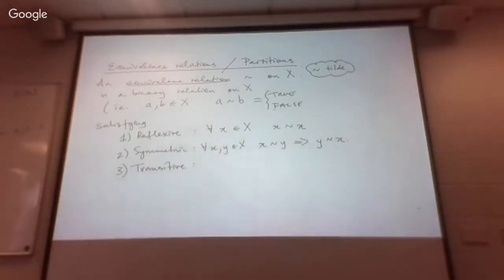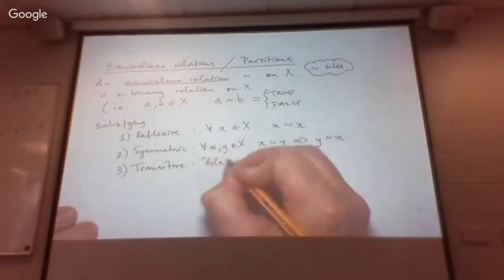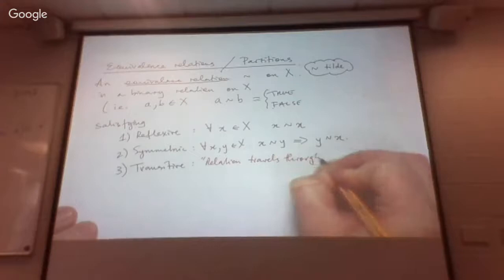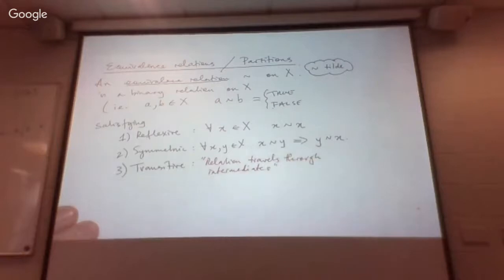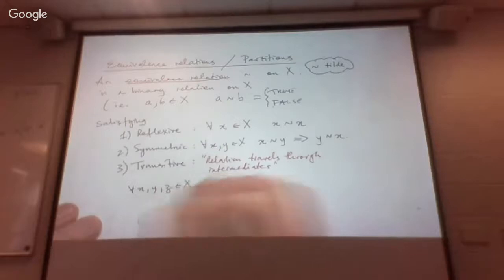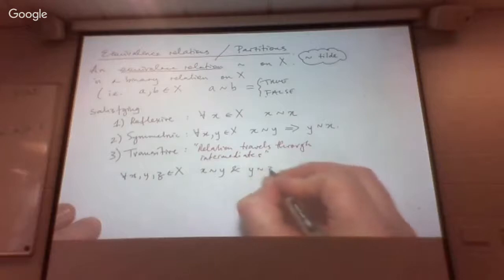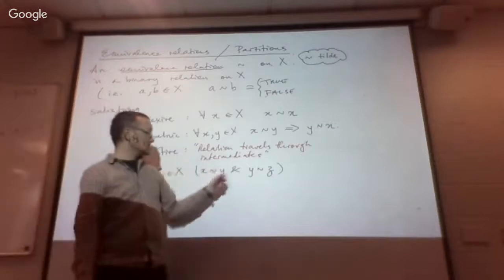The other property is the transitive property. A good way of remembering this is that the relation travels through intermediaries. That's how I like to think of it. For every triple of elements X, Y, and Z, if X is related to Y and Y is related to Z, here Y is the intermediate one, like the person in the middle.